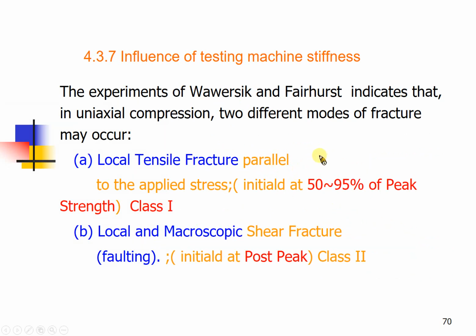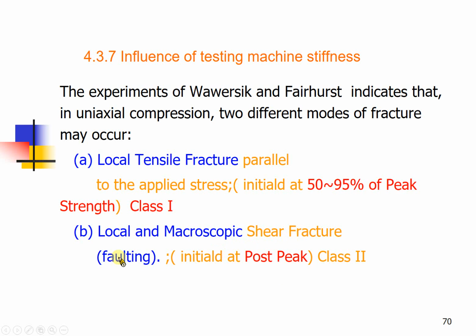Okay, from the above literature, talk about the brittle or relatively not so brittle, or the class 1 and the class 2. You will have the tensile fracture for the class 1. And for the class 2, the failure mode will differ from the class 1. For the class 2, you will have the shear fracture or faulting along a macro crack, coalesced by the micro cracks.